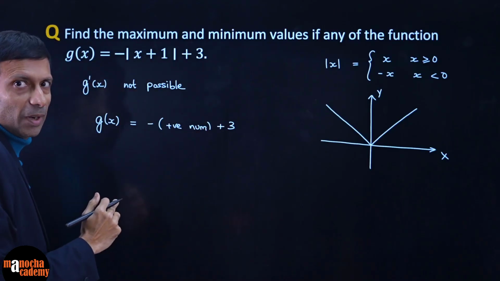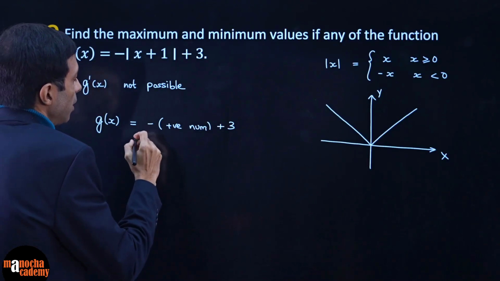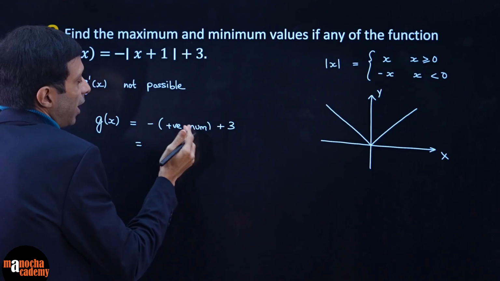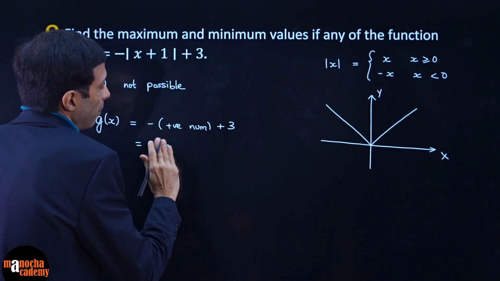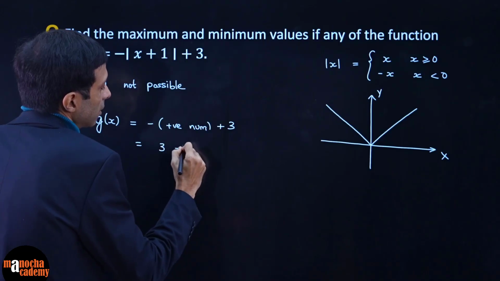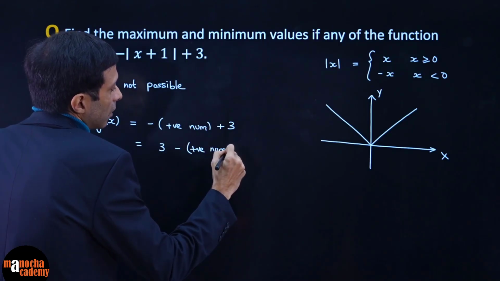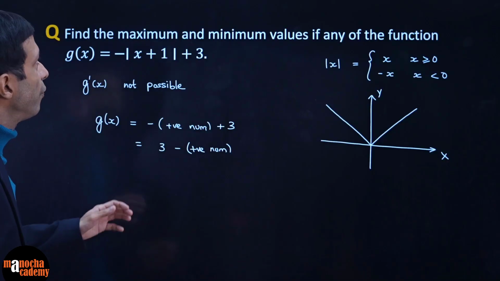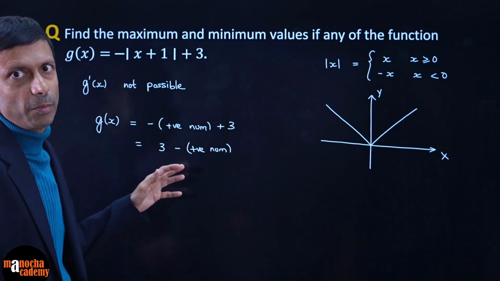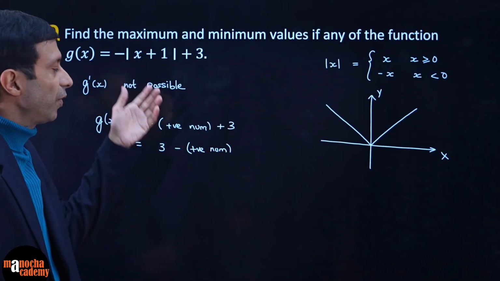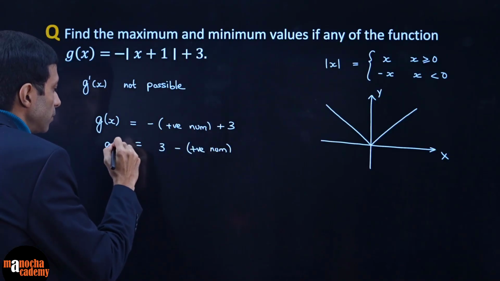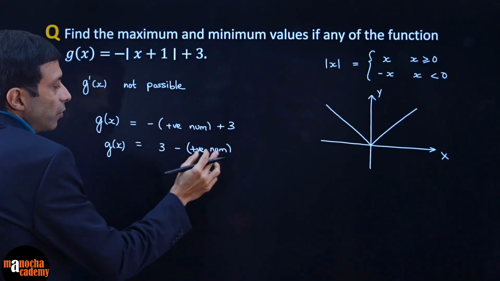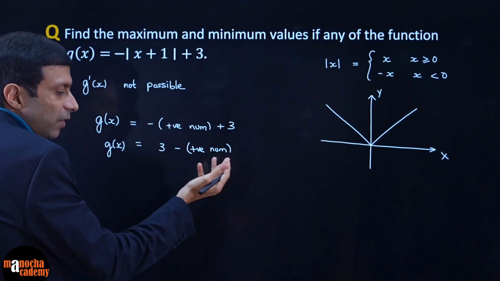So basically we are telling 3 minus a number. Okay. So obviously what will be the maximum or minimum? See, you can start putting big values of x, so this number will start growing. So clearly the minimum value of the positive number is 0.